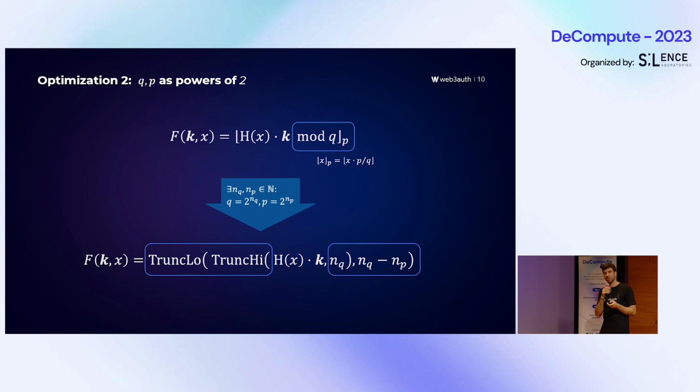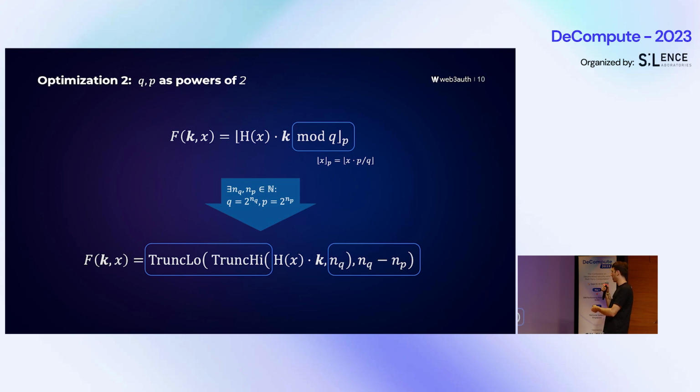The next observation is that we're quite free in how to choose the parameters Q and P. If we choose them as powers of 2, then the modulo Q and the rounding operation become basically bit truncation operations. Modulo Q is just throwing away the higher order bits above the log2 Q bits, and the rounding to P is just throwing away the lower order bits.